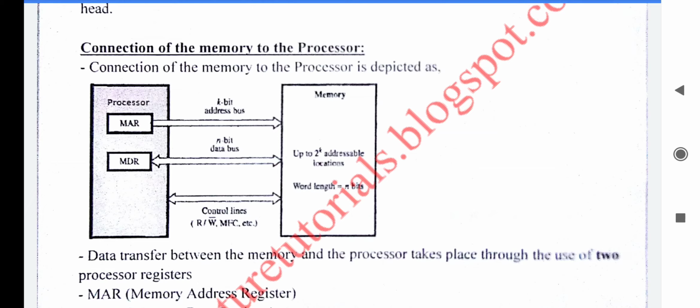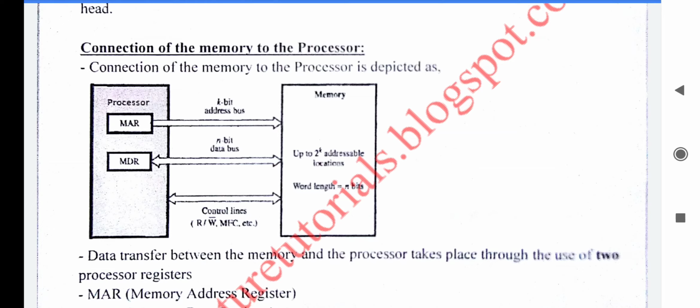Those two are connected with a bus, address bus and data bus, and some control lines are also there for connecting these two. Those are read or write and MFC, etc.